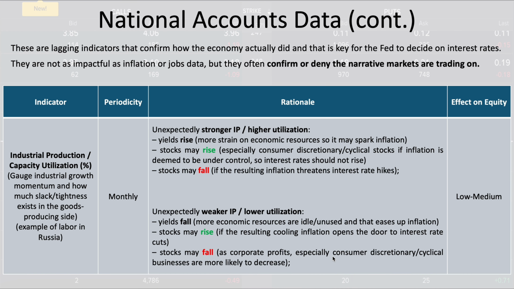Industrial production and capacity utilization: again, the same or a very similar reasoning, but with an even lower effect. All right. For those who are probably less familiar with economic concepts, I will touch a bit on the reasoning behind this indicator and why this happens this way. Basically, it shows how much slack and tightness exists on the goods producing side. And I mentioned here the example of labor in Russia.